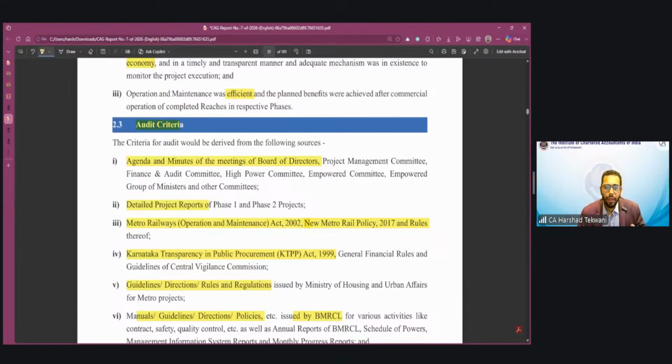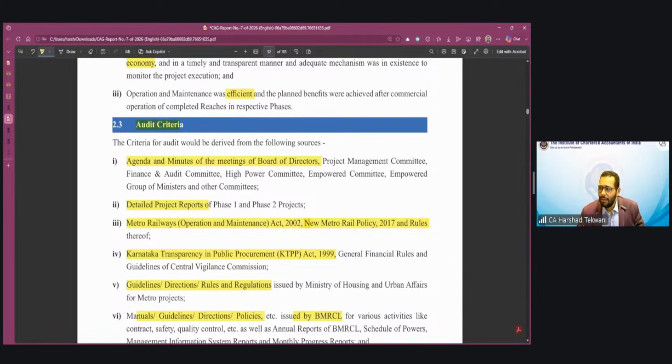I'll show you some of the things which are reported over here. If I talk about this particular performance audit report, just one thing we will discuss quickly is efficiency, that is, getting the best out of whatever resources we have.